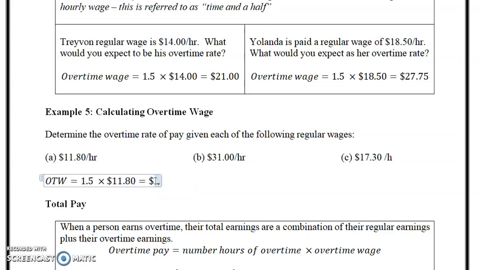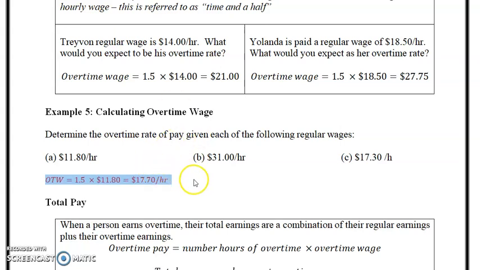And I take 1.5 multiplied by 11.80, then I get $17.70 per hour. Okay? And make that font a little smaller, just where it's quite large.